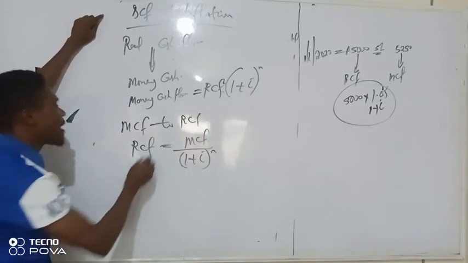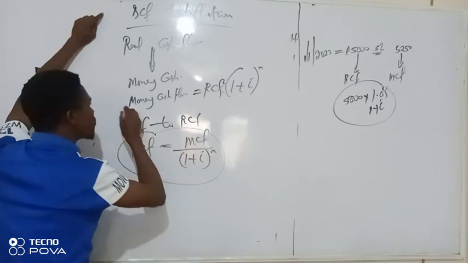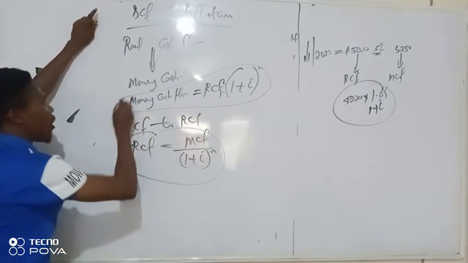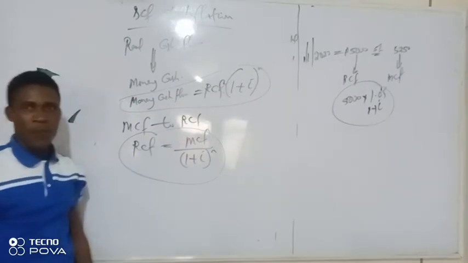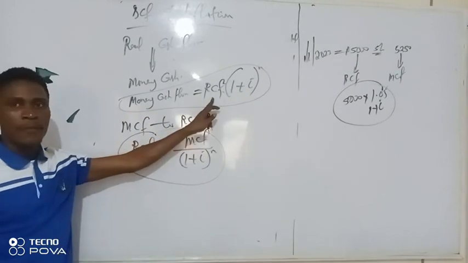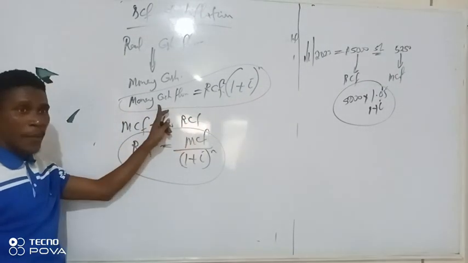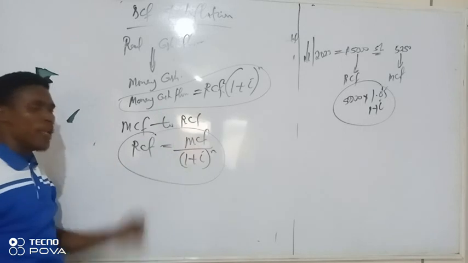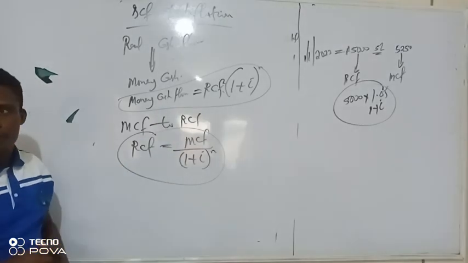So when you are converting from one level to another, this simple equation will help us a lot: money to real, real to money, then money to real. Simple as it is.